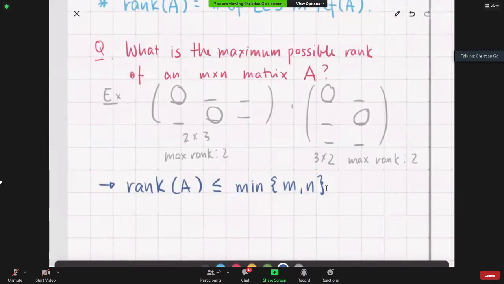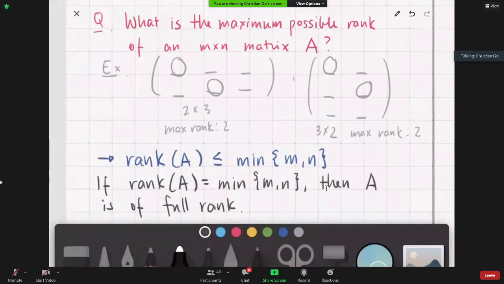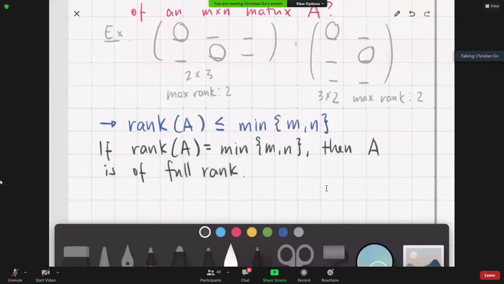In the special case where I have maximum rank, so if the rank of A is equal to that maximum, which is the smaller of m and n, then we say that A is of full rank. So just a special term to describe a matrix with the largest possible rank, we say that it's full rank.